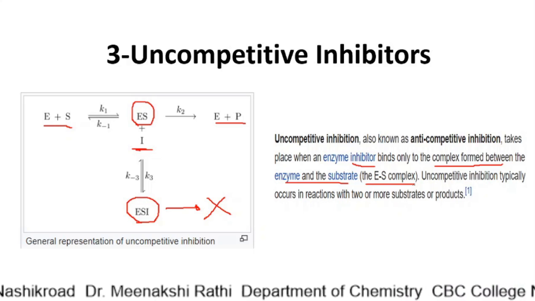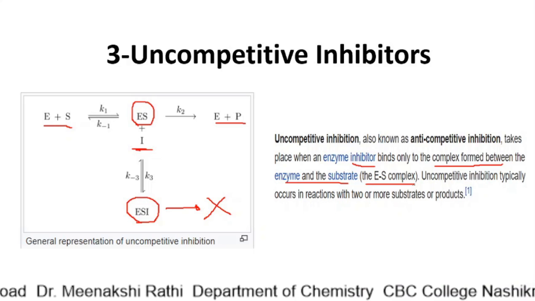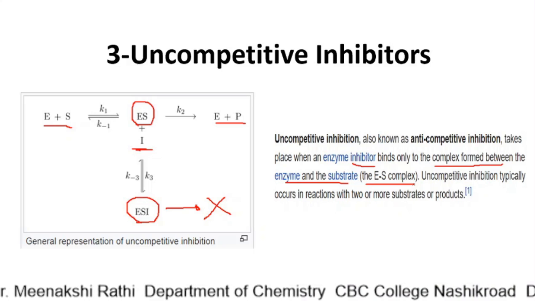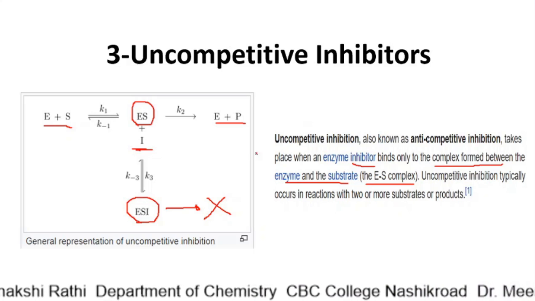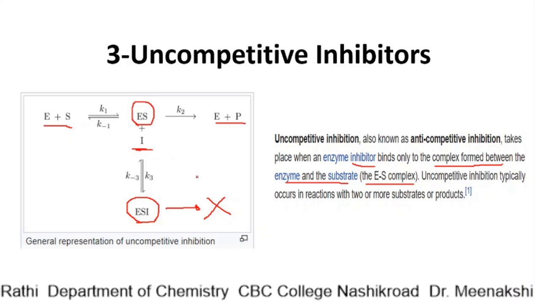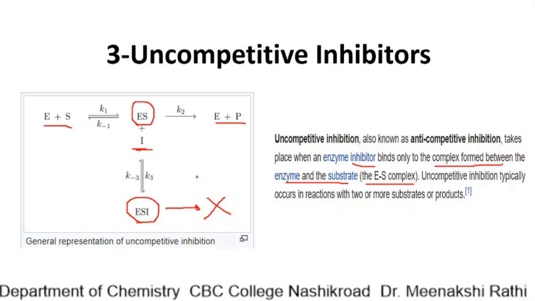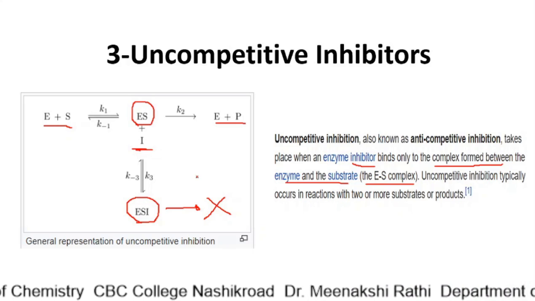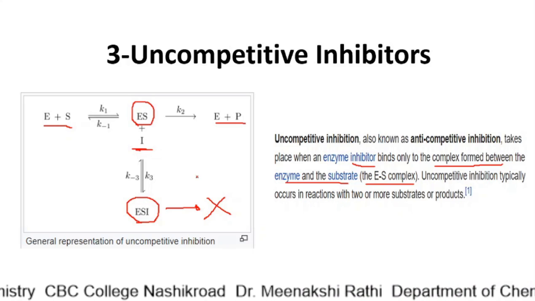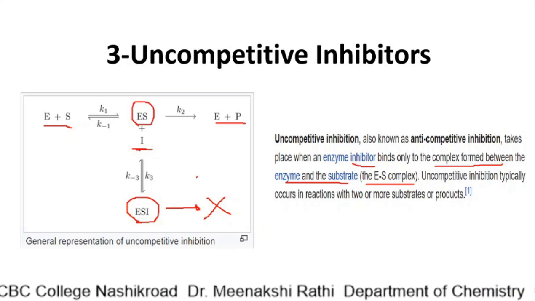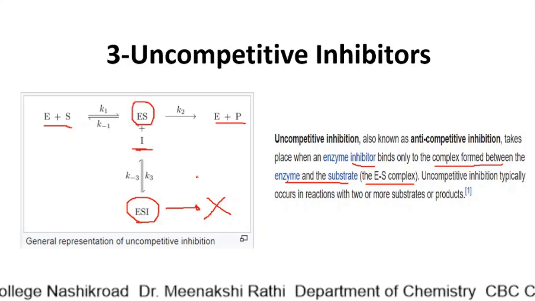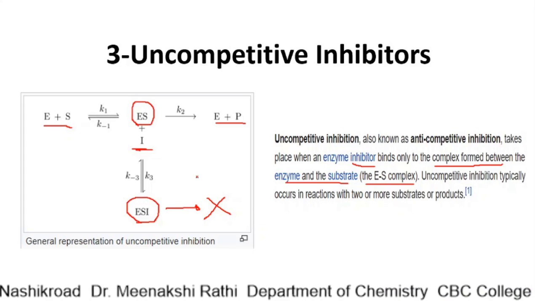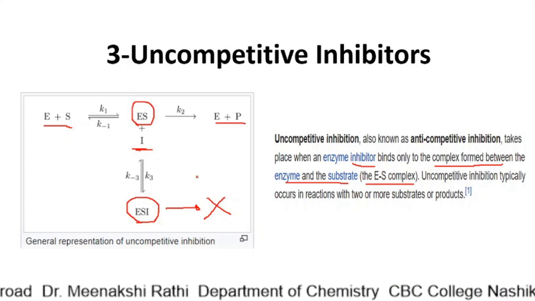If two or more substrates are there or if two or more products are there, then such type of uncompetitive inhibition is observed. One thing you need to remember is that the uncompetitive inhibitor is not attacking the enzyme directly, but it is forming a complex with the enzyme substrate complex.